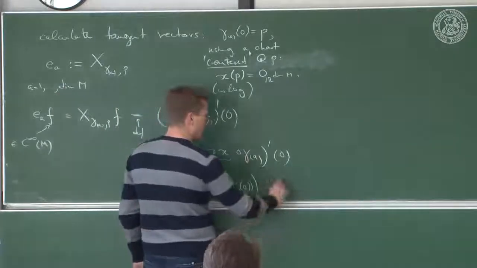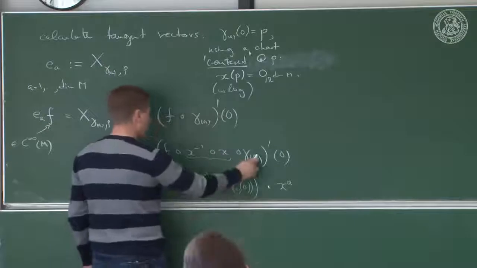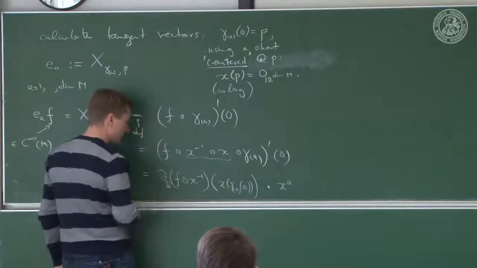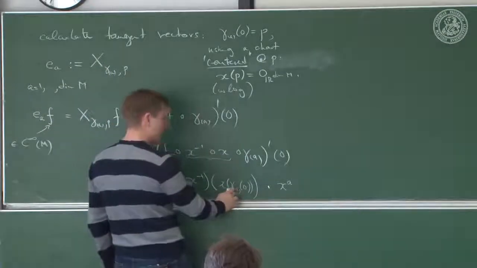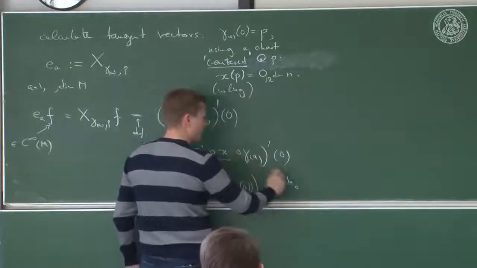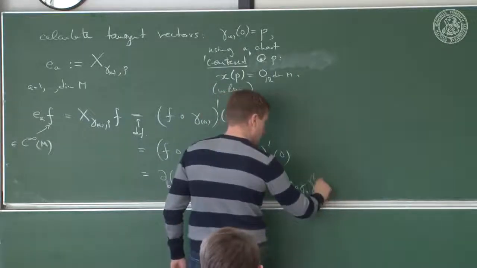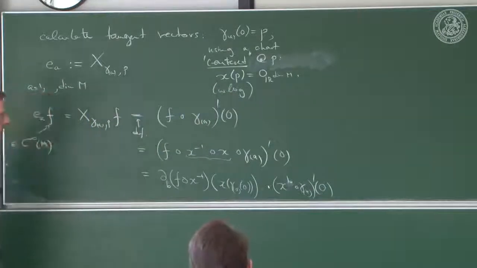But what is the Ath component of this guy? This is x^a. Sorry, I already have an A here, so I need to use another dummy index b. This A stays. And then it's the bth component, x^b after gamma A, derivative at position 0. All right?